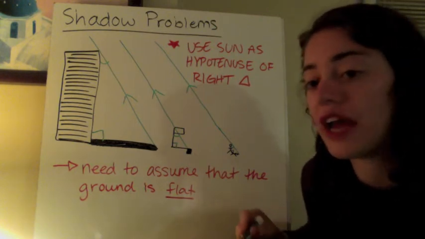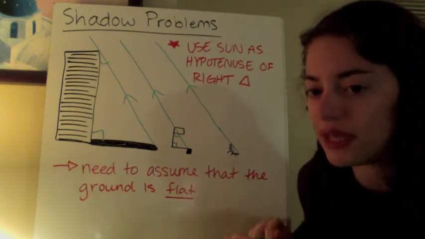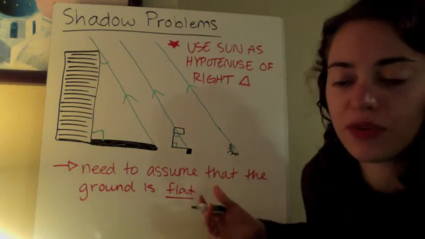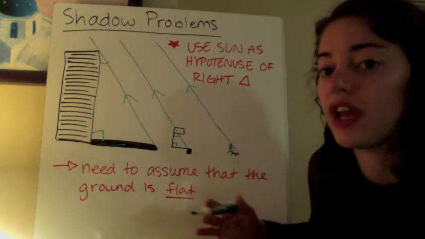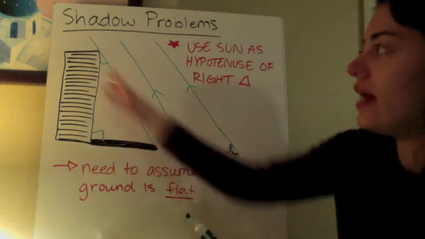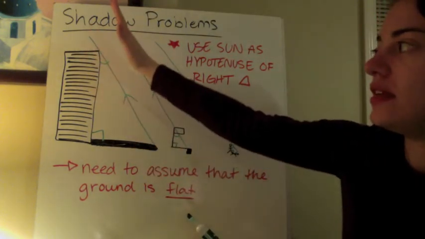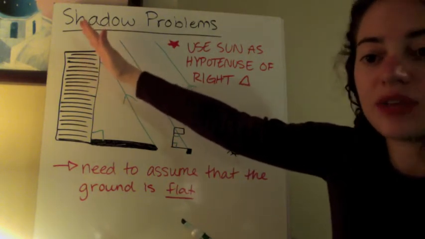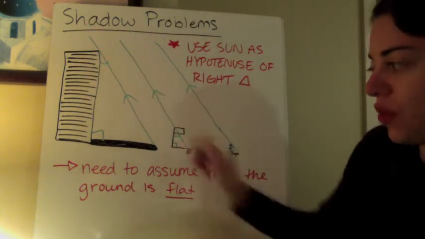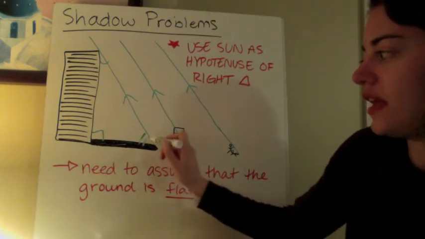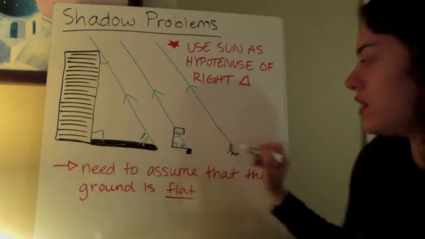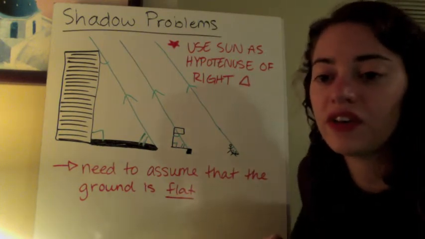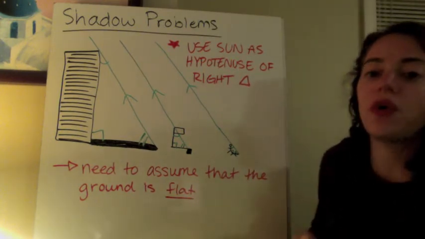Usually when you see the word shadow in a problem, you can go ahead and make these assumptions. Once I prove two angles, I've proven similarity, but I can go a step further: the sun not only hits objects at the same angle, it also hits the ground at the same angle. So this angle is also going to be congruent to this one and to this one. Angle, angle, angle. These triangles are similar.